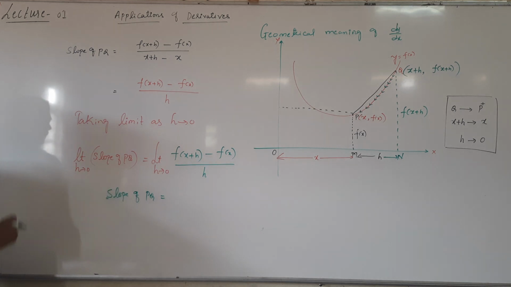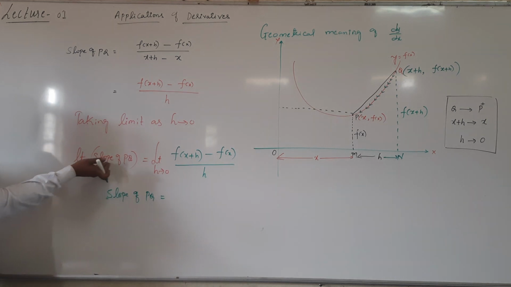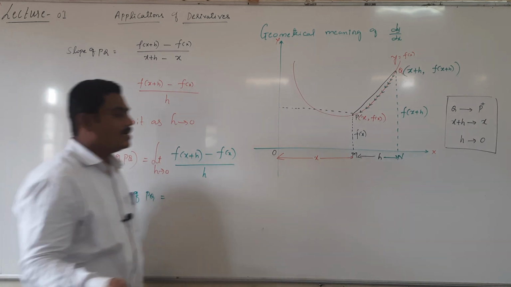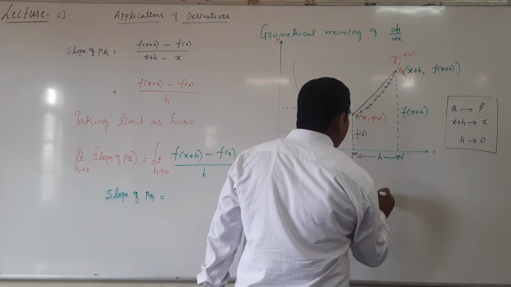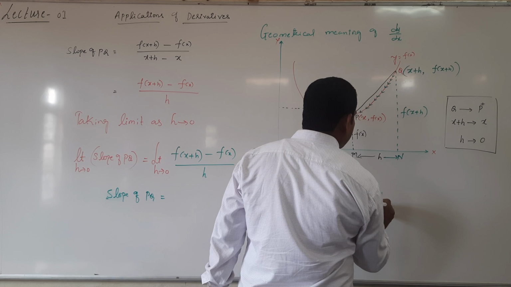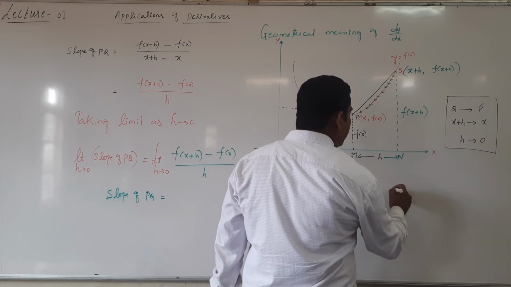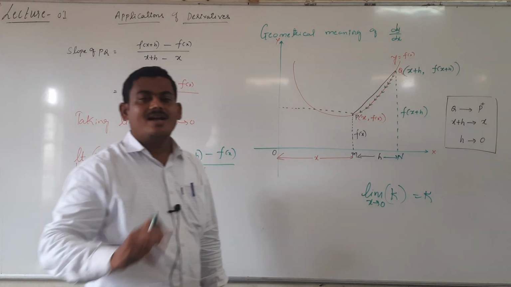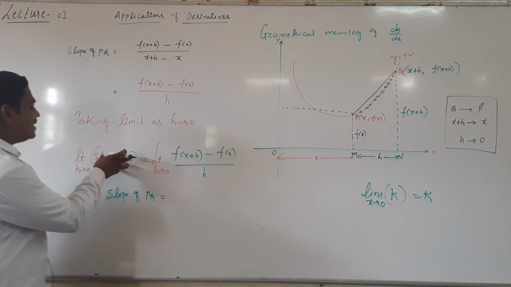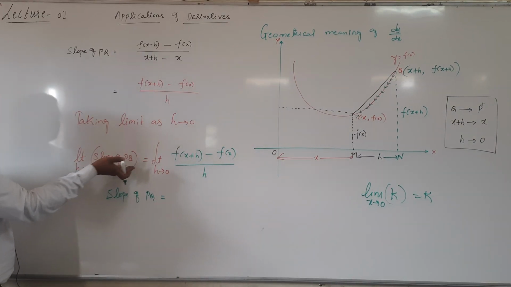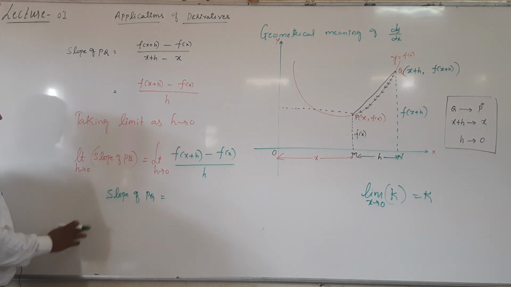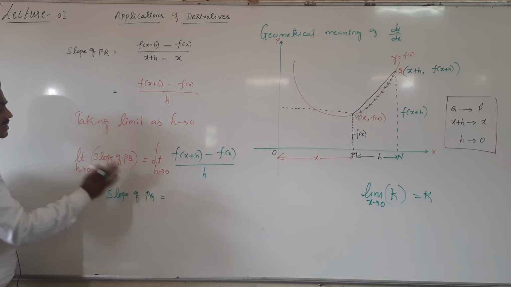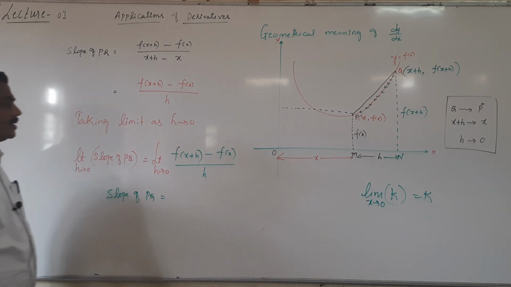As h tends to 0, this is independent of h; it is always a constant. Already you know the limit of any constant is equal to that constant. So the limit as h tends to 0 of the slope of PQ is the slope of PQ only.